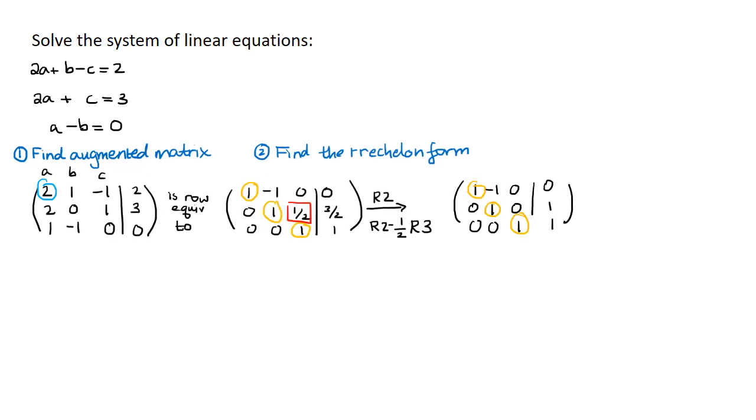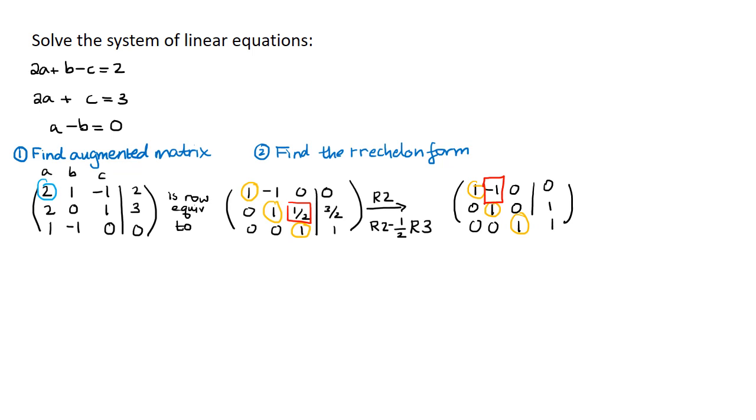This has changed all of the other entries in this column containing that last pivot to zeros. Now we want to move on to the next row up, row 2, and we want to eliminate the non-zero entries above row 2's pivot.